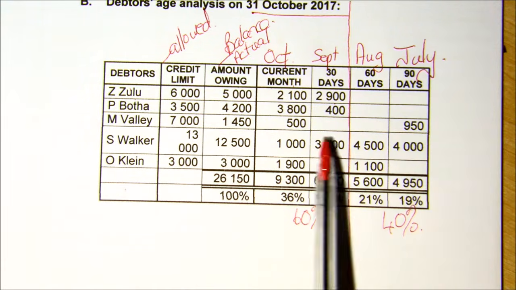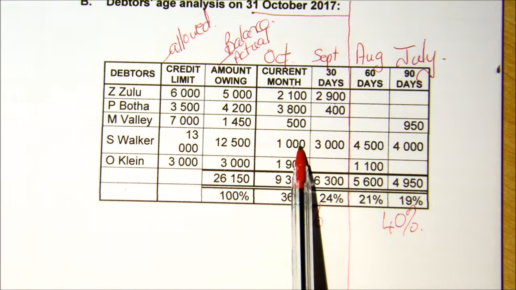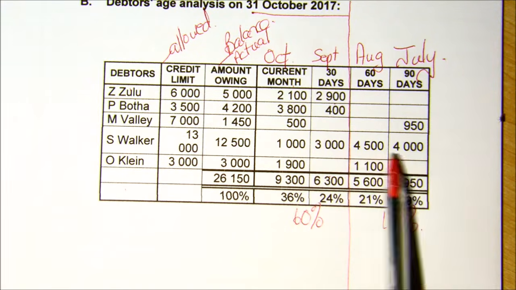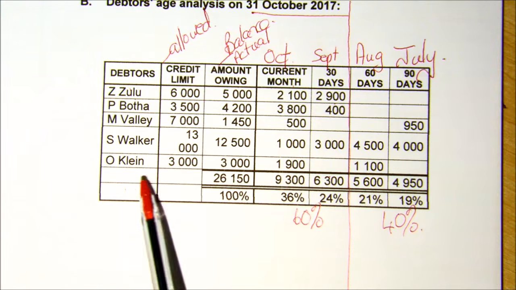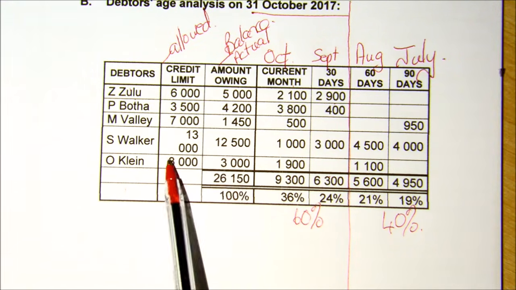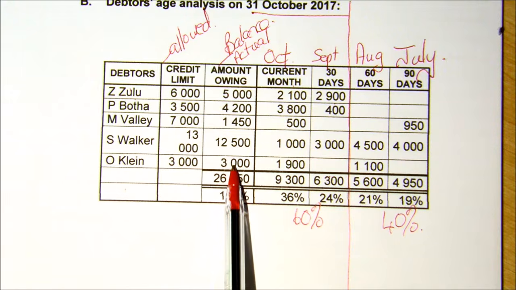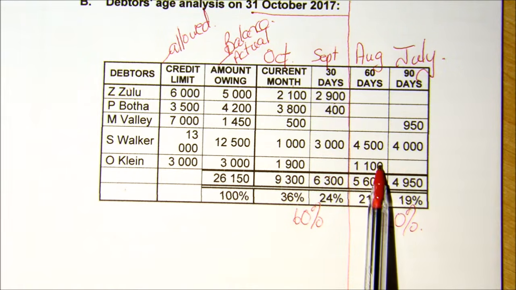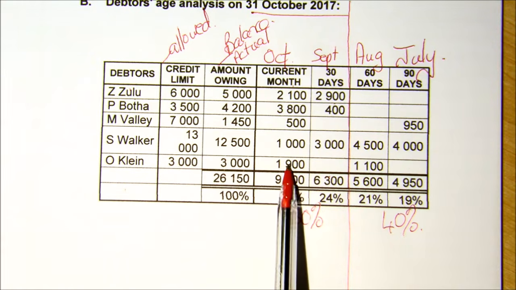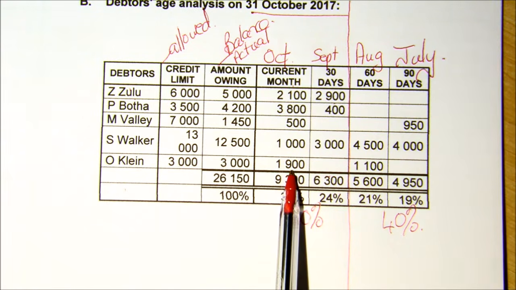And on top of that, they have continued to sell to him despite the account being overdue. And again, if we look at Clade, he's used up his whole limit, which is fine. I mean, he's allowed to do that. But this amount has gone into 60 days, and yet we've sold to him during this month.